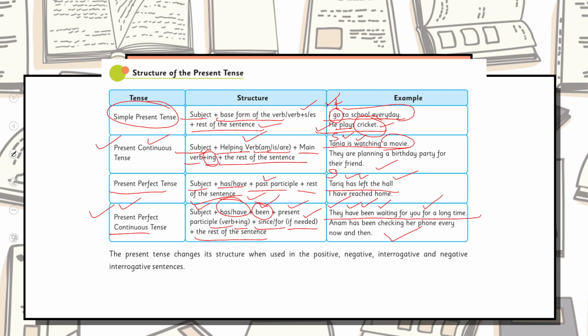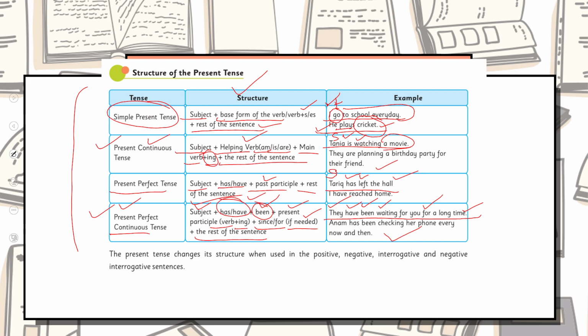For a long time, for 3 years, or for whatever. Now here you see all these 4 different types of present tenses: the simple present, present continuous, present perfect, and present perfect continuous. You have to memorize the structure very well in order to create these.